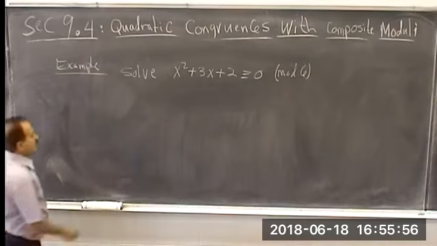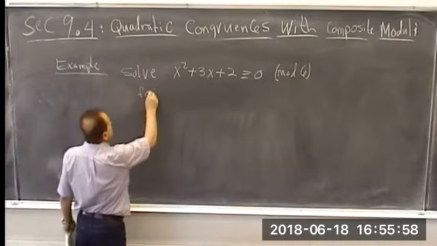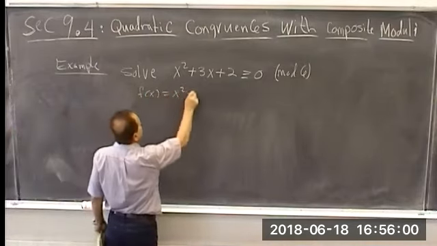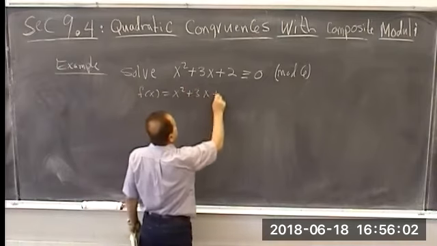So our f of x in here is x squared plus 3x plus 2.